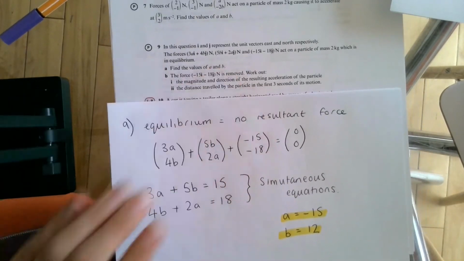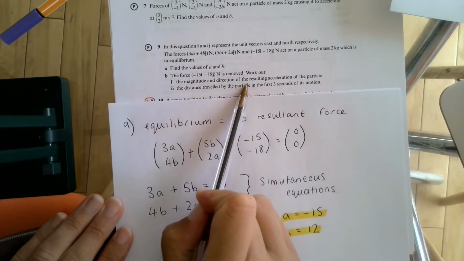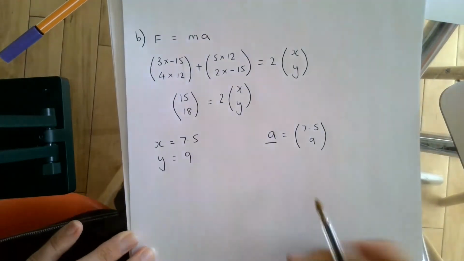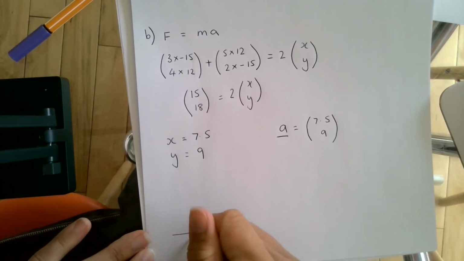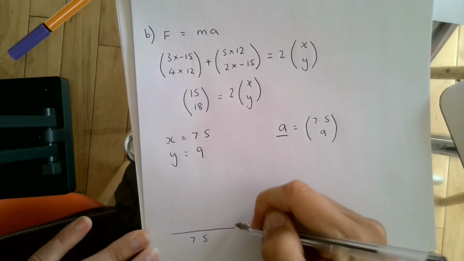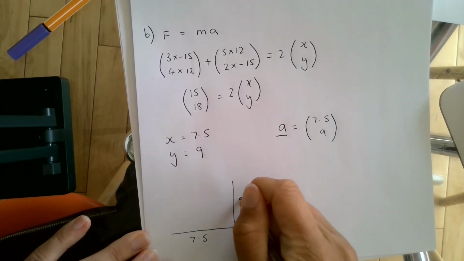Now we're not quite finished because the question wants to know the magnitude and direction of the acceleration. We've just found it as a vector. Now to find the magnitude, we're going to use Pythagoras. So we've got 7.5 in the i direction, so that's 7.5 across here, and 9 in the j direction, so 9 is up there.